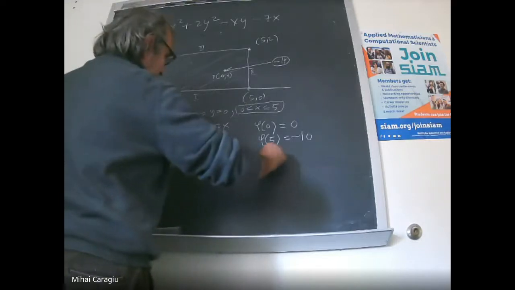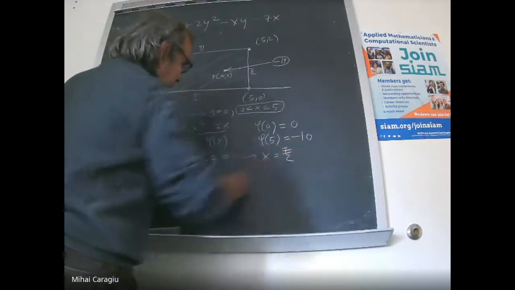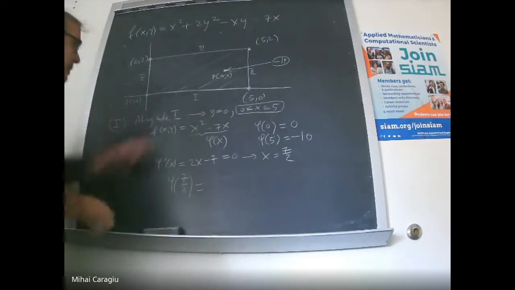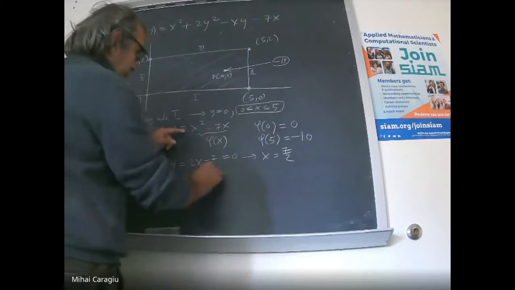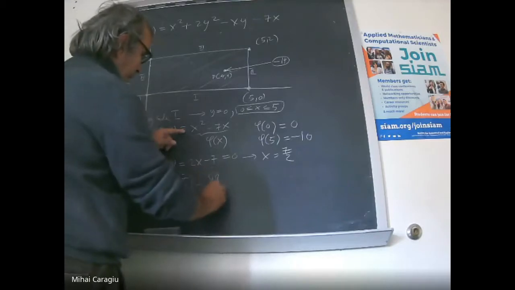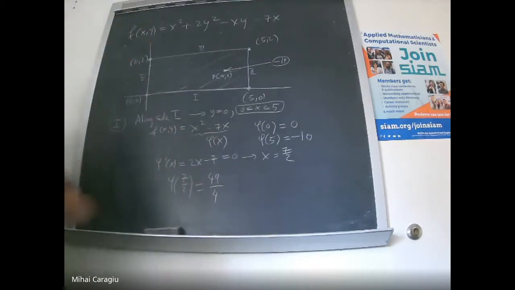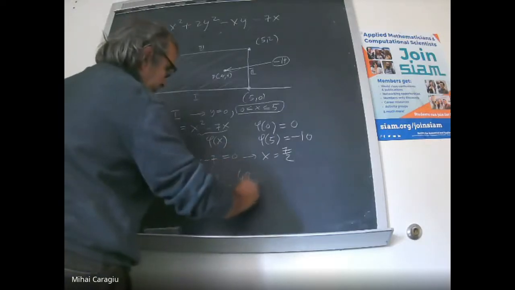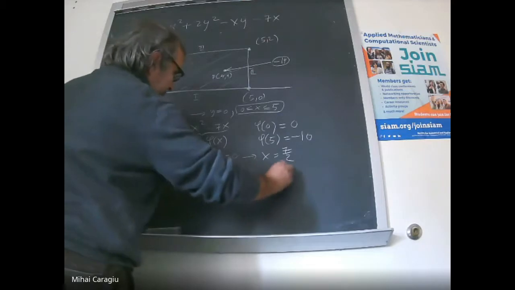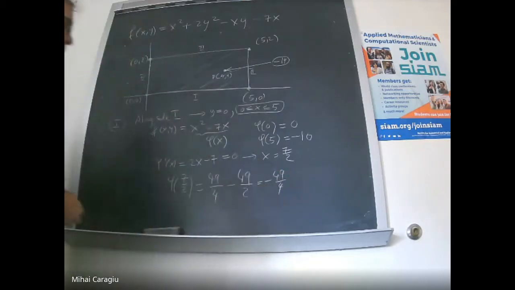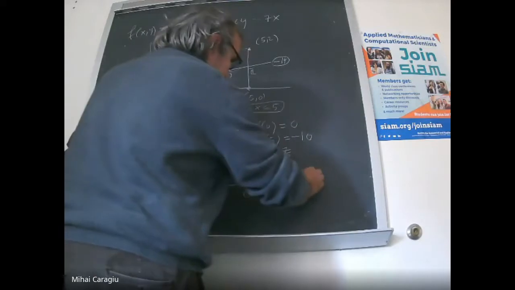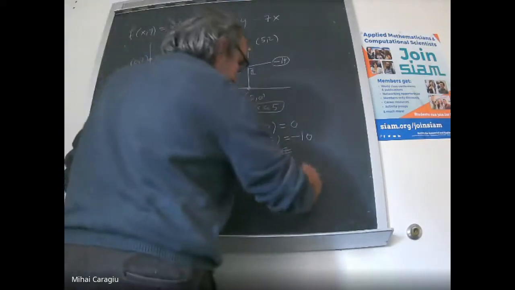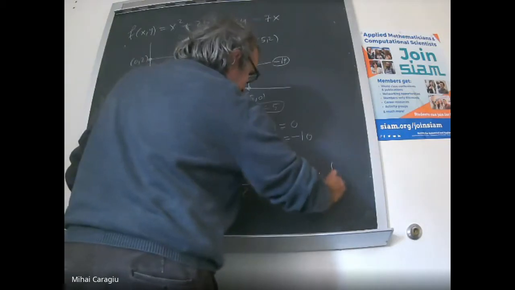That means x equals 7 halves. And then p of 7 halves will be 7 halves squared, so 49 over 4, minus 7 times 7 halves, which is 49 over 2. And this will be minus 49 over 4, so it's minus 12 and 1 over 4.